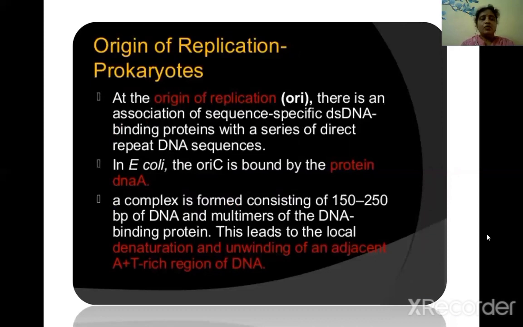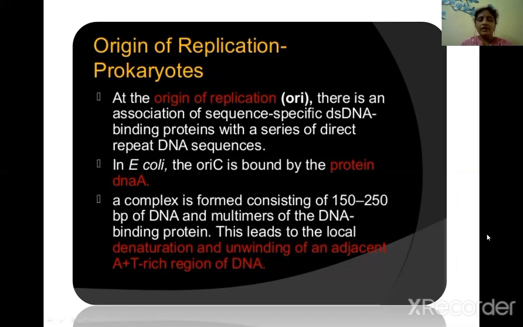Now, let us move on to the origin of replication in prokaryotes. At the origin of replication, indicated as ORI, there is an association of sequence-specific double-stranded DNA binding protein with a series of direct repeat DNA sequences.